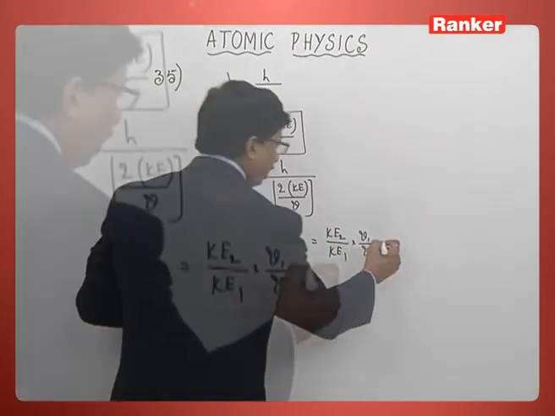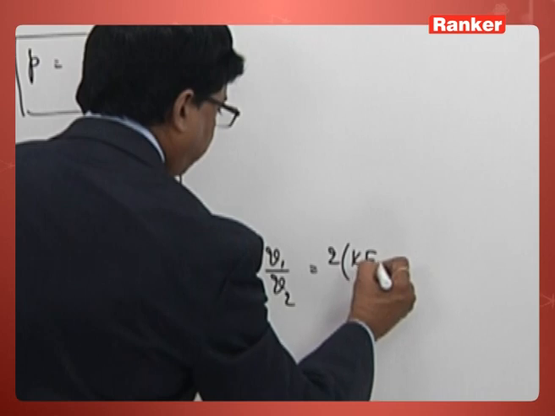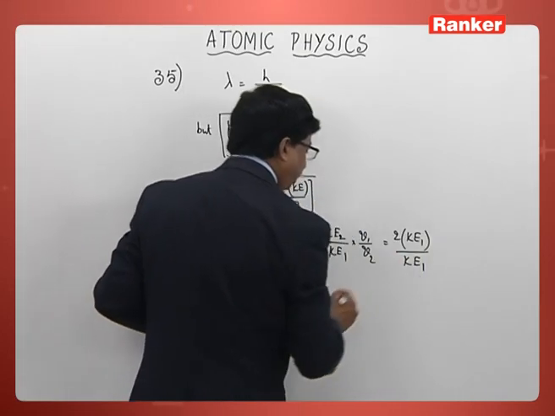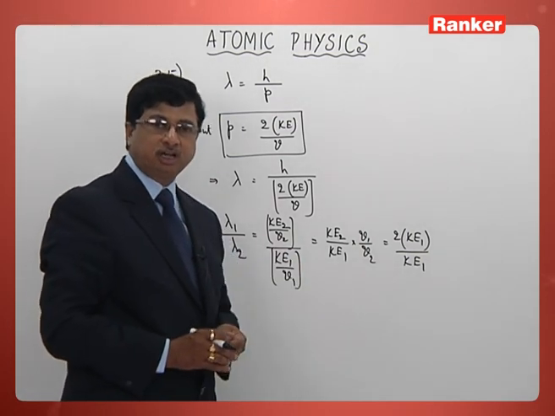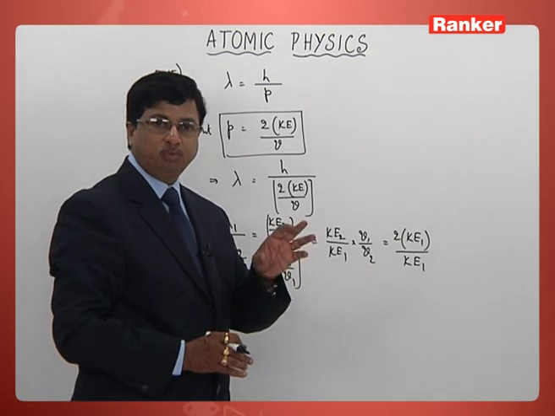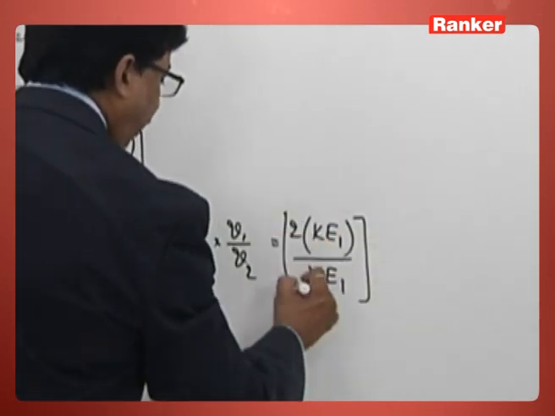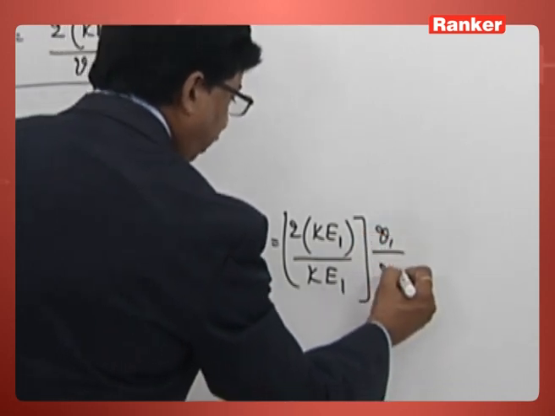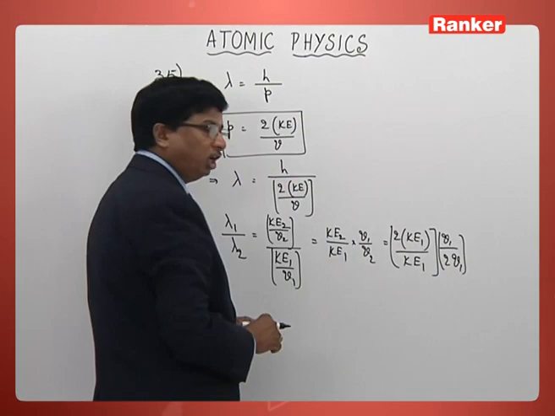What is the final kinetic energy? He said it is twice the initial kinetic energy. If I write the initial kinetic energy as KE1, then KE2 becomes twice KE1. Into what next? Velocity 1 is as usual. The second velocity is twice the initial velocity, so 2 times V1.